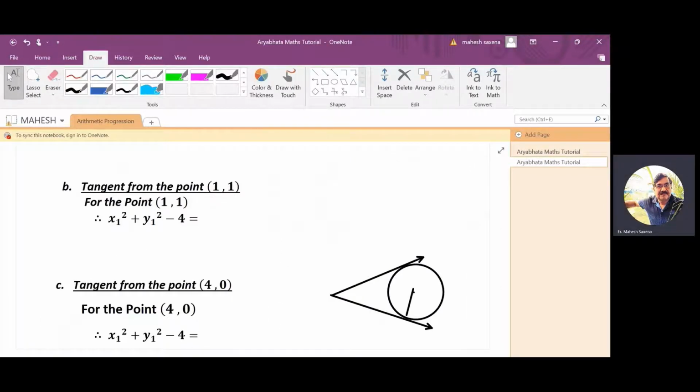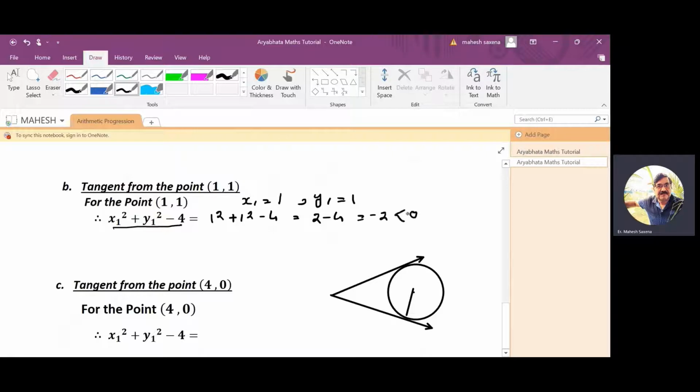Now we take the second point 1, 1. For the point 1 comma 1, x1 is equal to 1 and y1 is also equal to 1. By putting these values in x1 square plus y1 square minus 4, we will get 1 square plus 1 square minus 4 is equal to 2 minus 4, that is minus 2, which is less than 0.